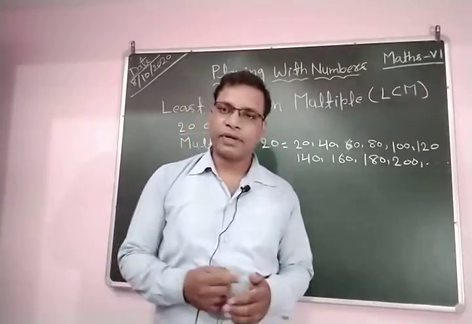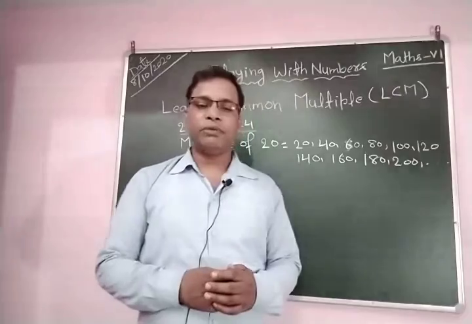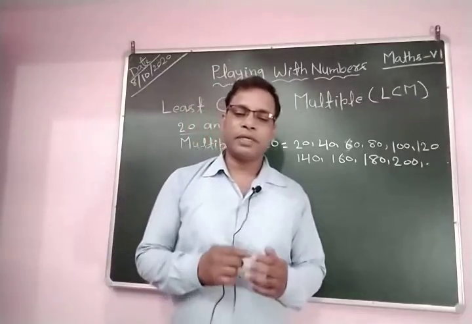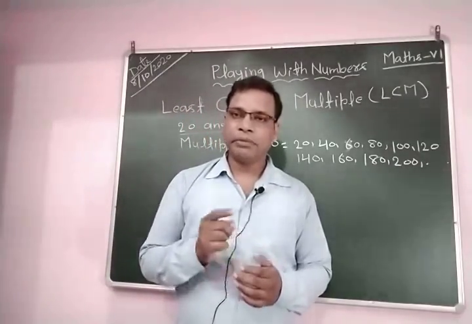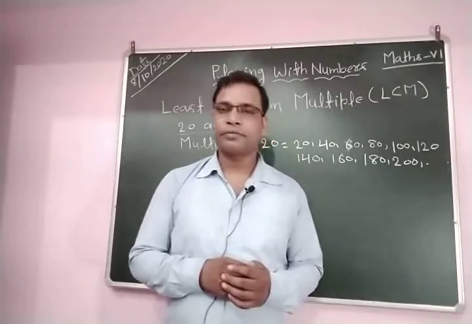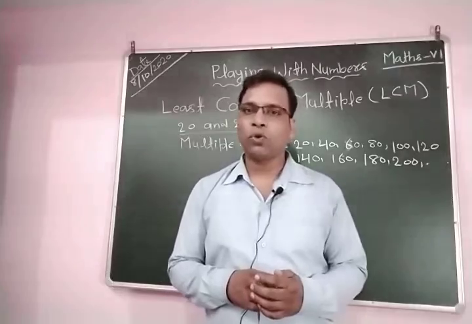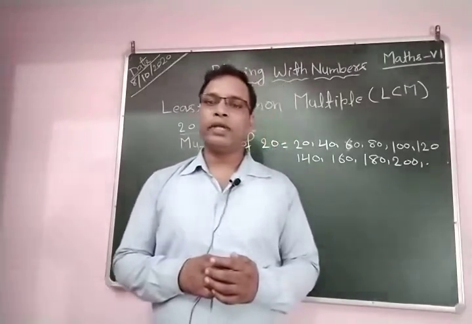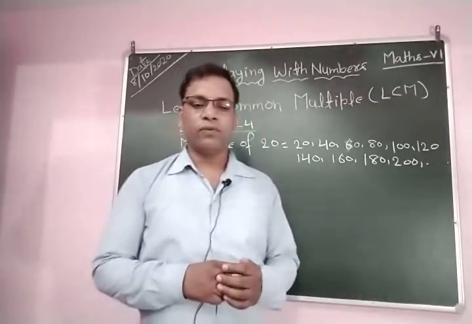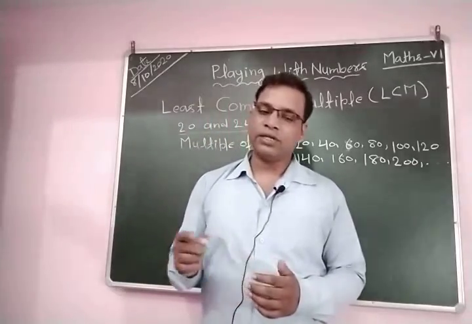And now next we write the multiples of 24. So what are the multiples of 24? Multiples of 24 are 24, 48, 72, 96, 120, 144, 168, and so on.